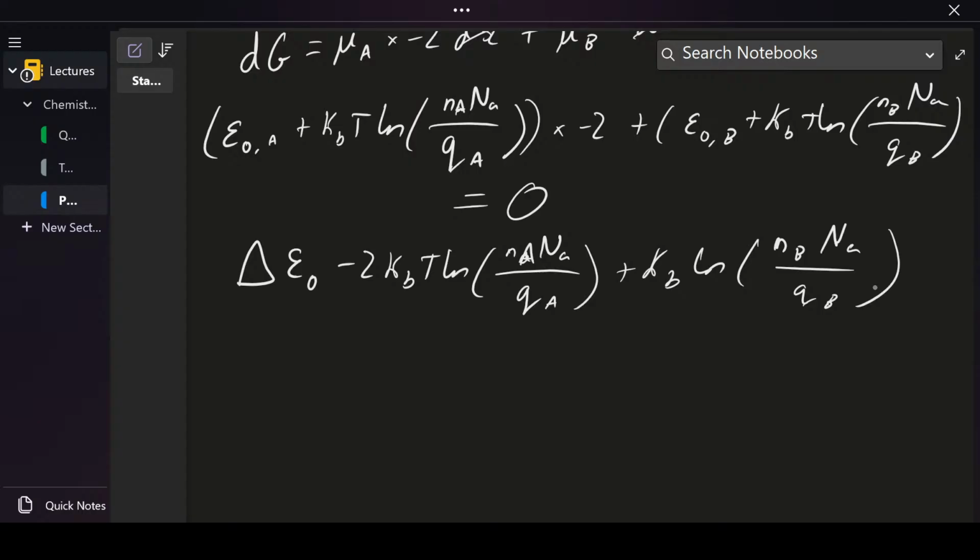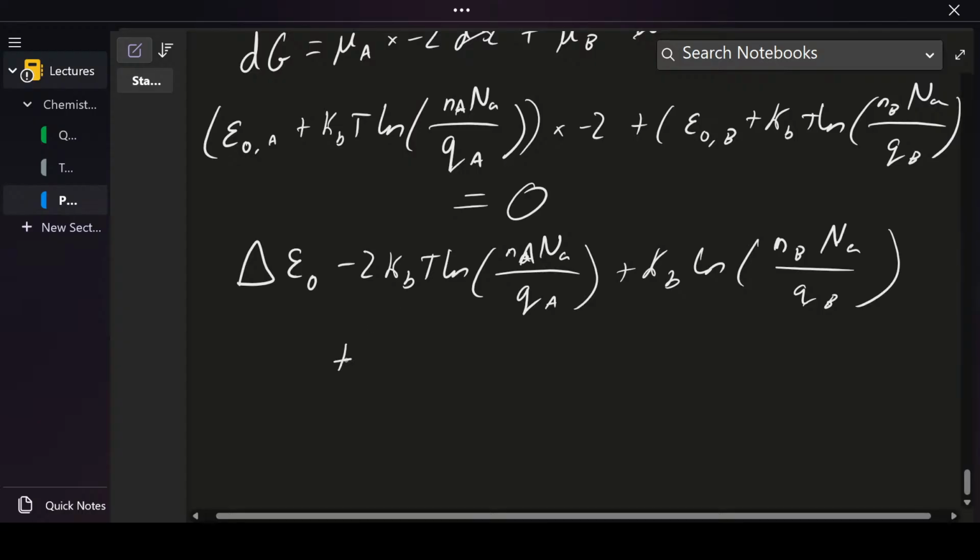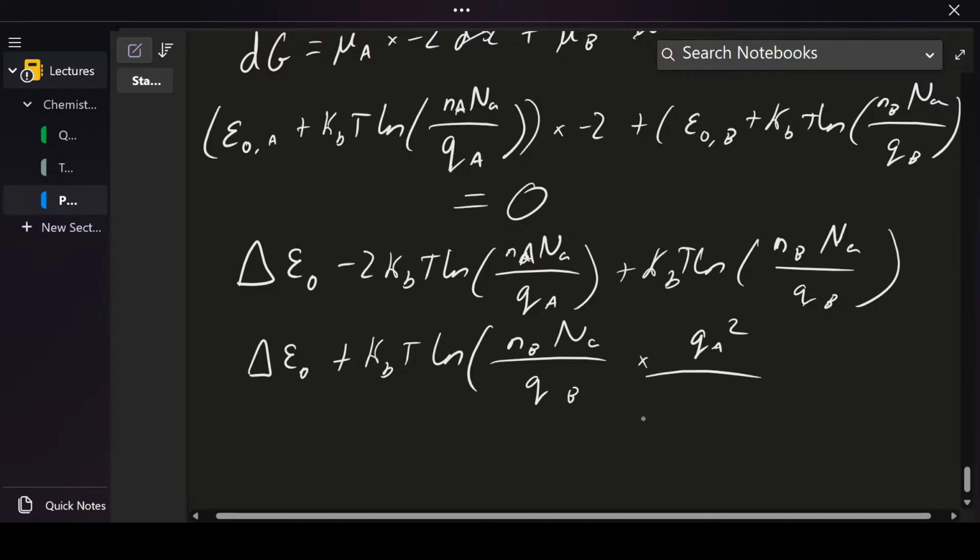And so combining these two together is going to end up giving me plus kBT times the logarithm of nB NA over qB multiplied by qA squared over nA squared NA squared.